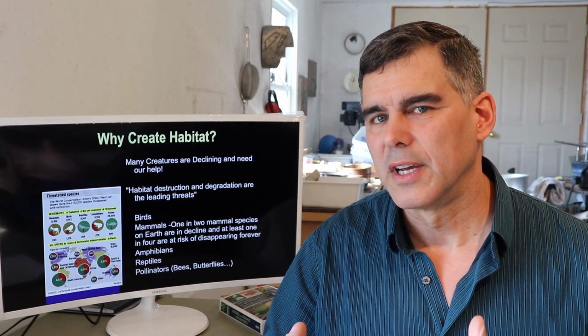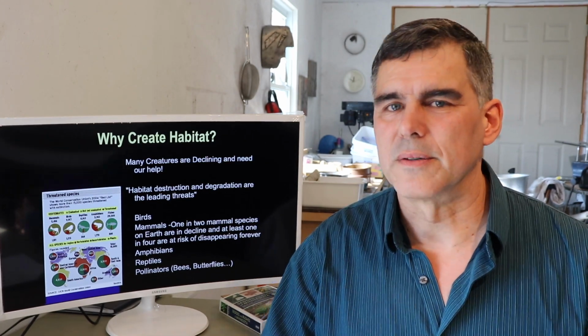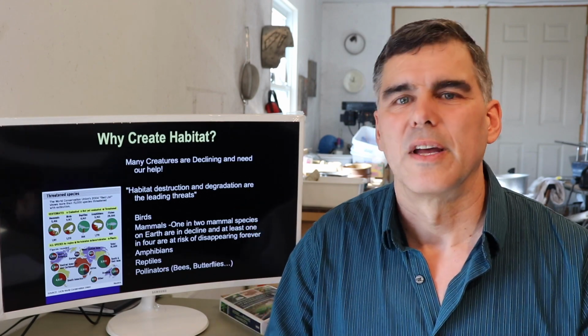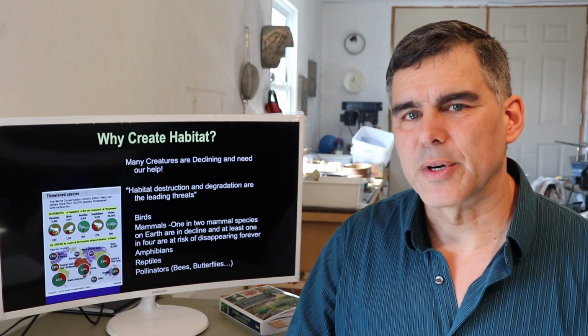But we're also finding that the non-native species, the European honeybee, is declining. There's something called colony collapse disorder, and our beekeepers are losing half their hives every year. So it's a major problem.